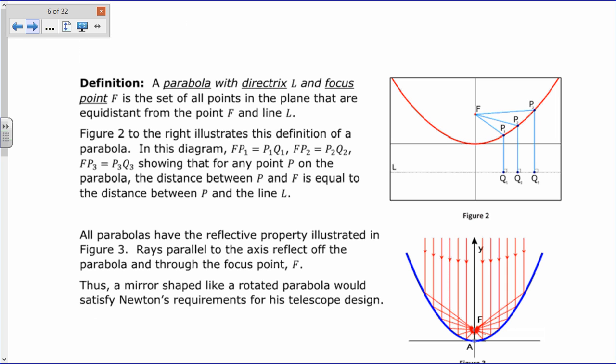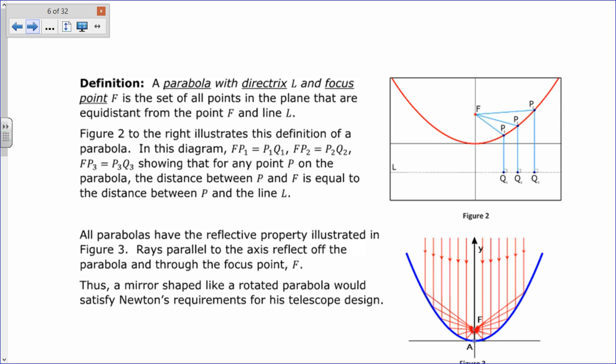We are going to look at the definition of a parabola. A parabola with a directrix L and a focus point F is the set of all points in the plane that are equidistant from point F and line L. Figure 2 to the right illustrates this definition.